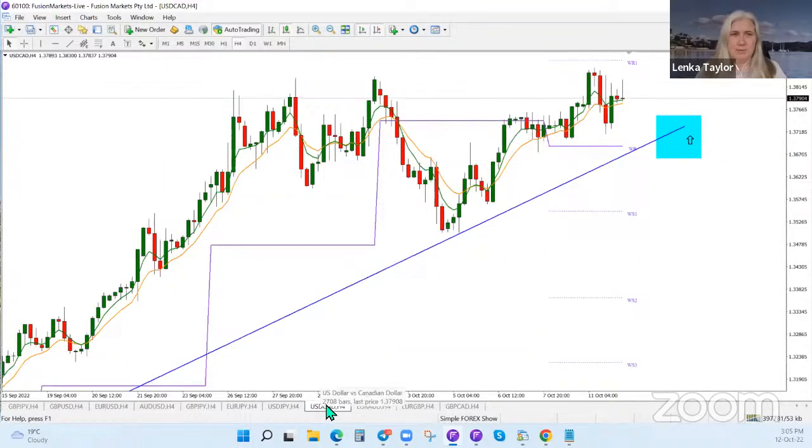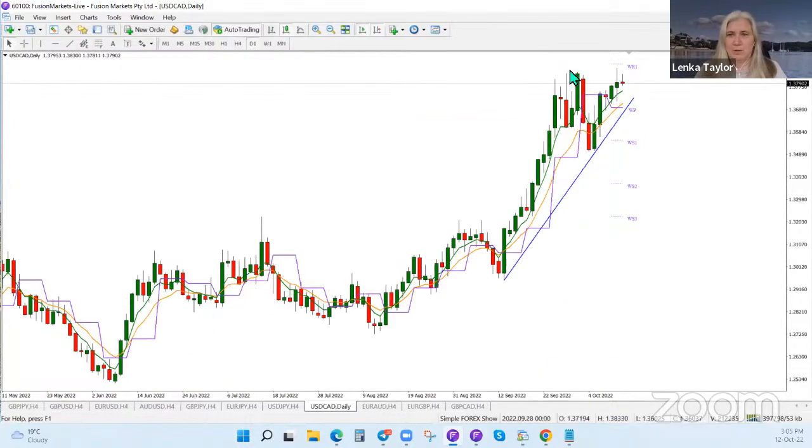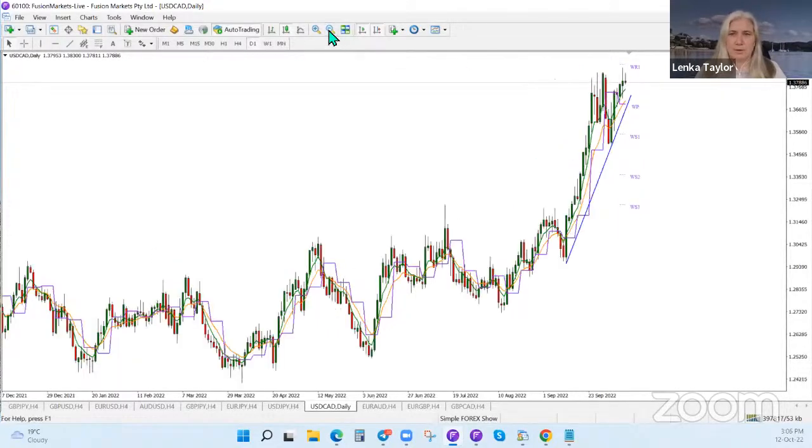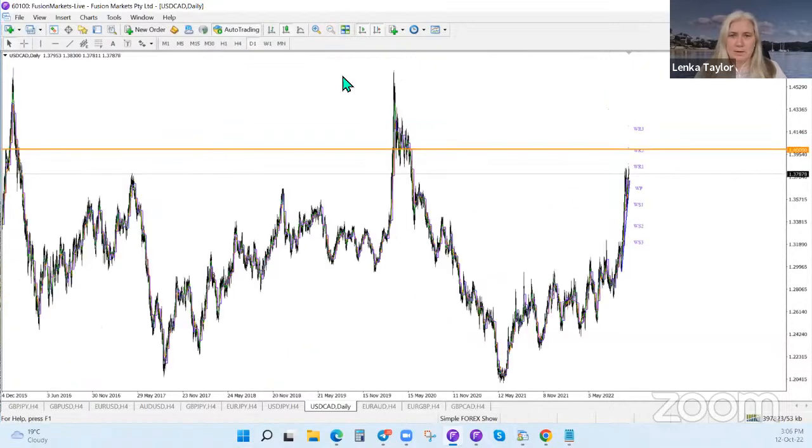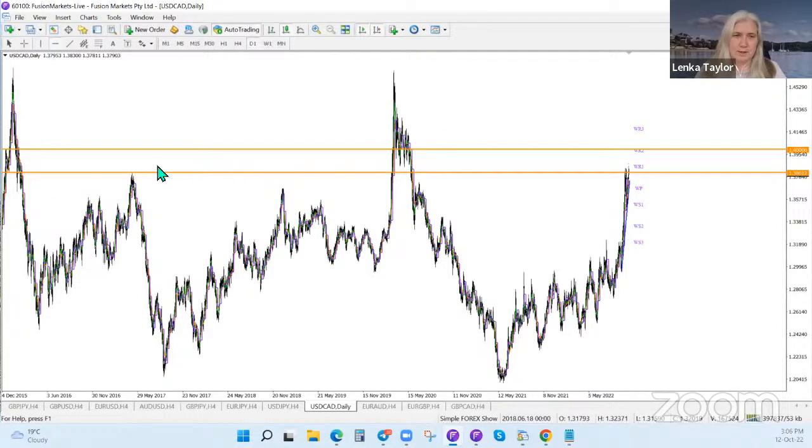Next currency pair I'm looking at is USD/CAD, and USD/CAD still looking for long, just being mindful that now we are retesting that area a couple of times. We do have this little level there of previous high.